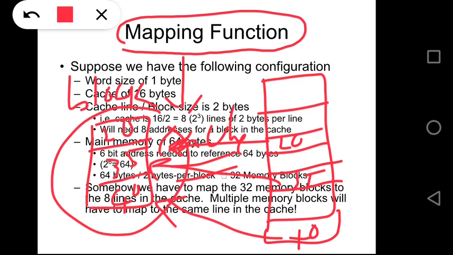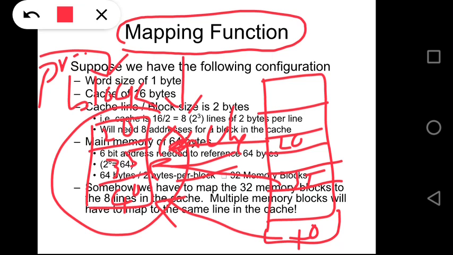But the address comes from the processor, remember? The address comes from the processor, and first the processor verifies whether a particular word is available in the cache before searching in main memory.